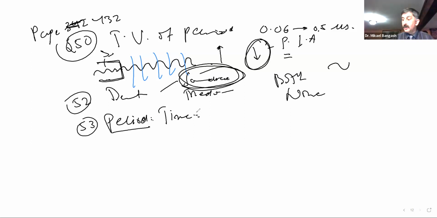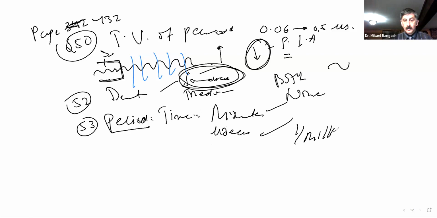And you know what a unit of time is? Minutes, yes, that's one of them. You can say microseconds, that's also one, which is one millionth of a second.